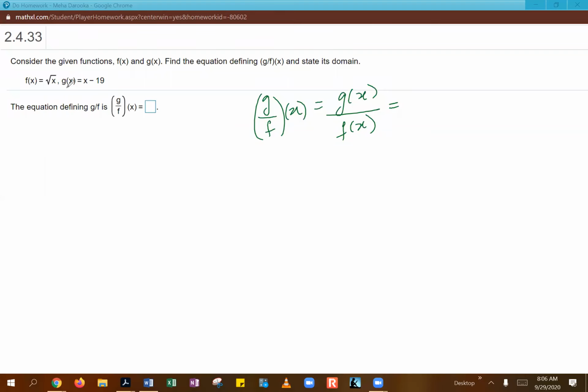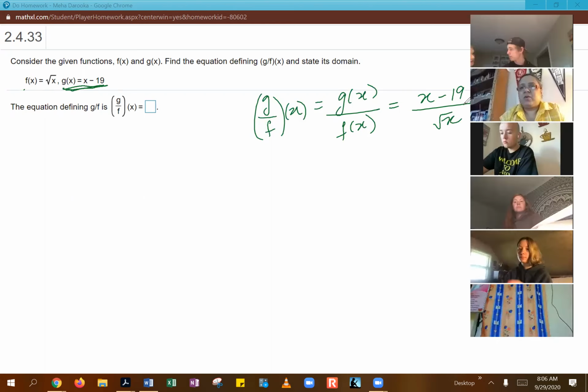So of course you can see the g function is defined as x minus 19. So that will go on the numerator. The f function is defined as square root of x. So of course that will go on the denominator. So that's basically what you are doing when they say come up with the equation defining g over f.